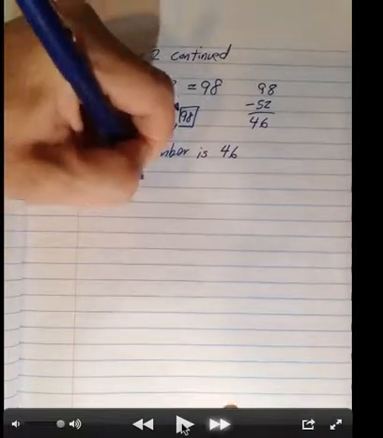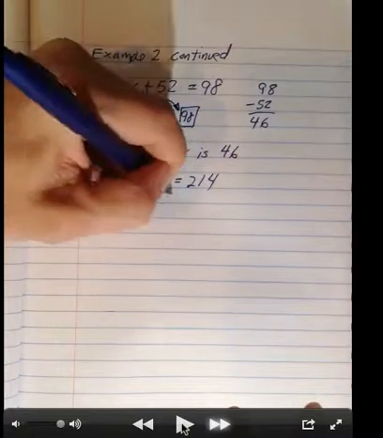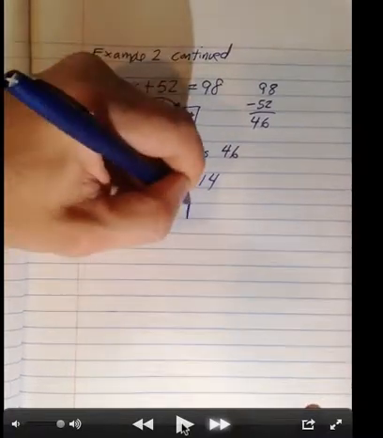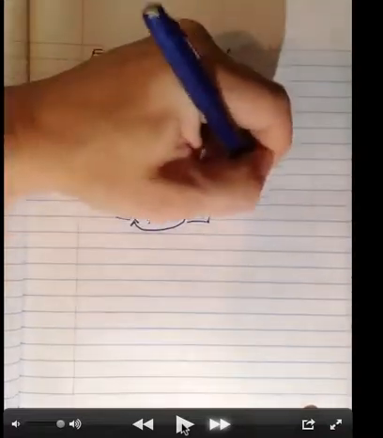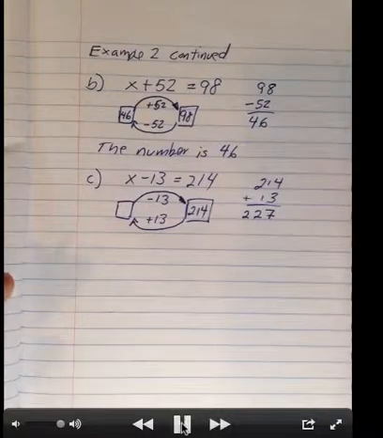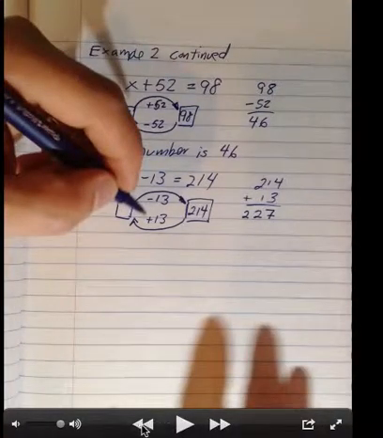Example 2c. x minus 13 equals 214. So, let me back that up a little bit.